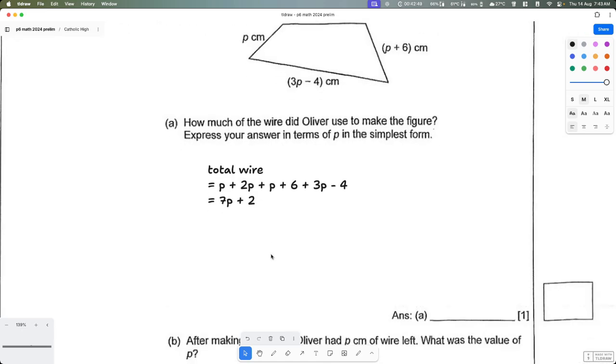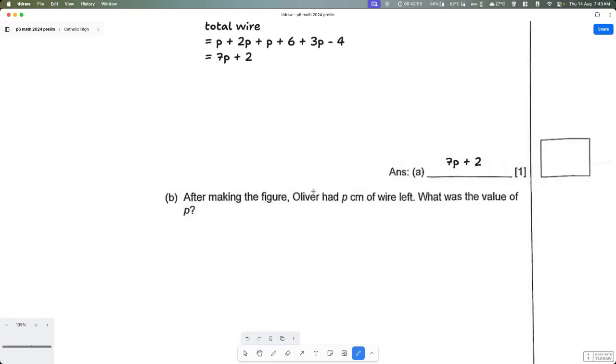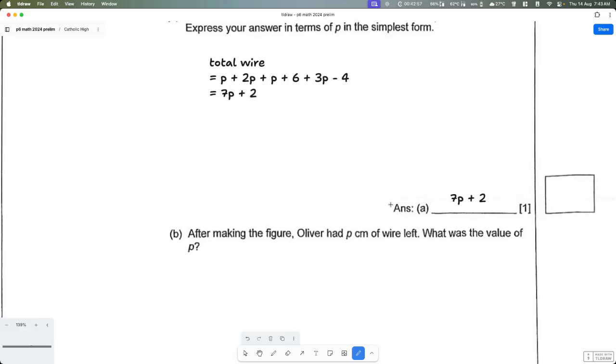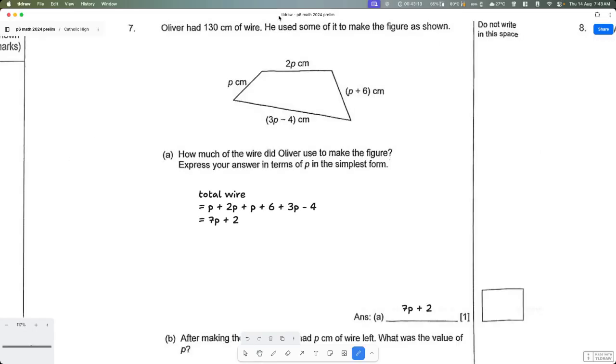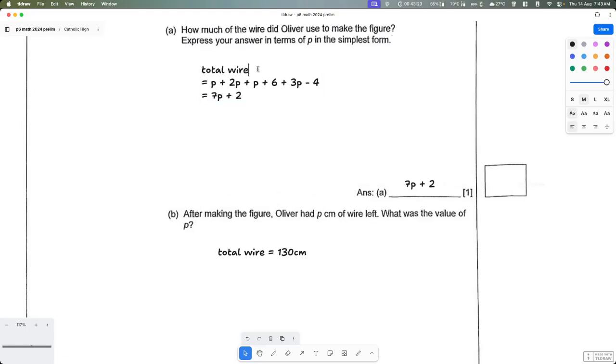7P plus 2. Part B, after making the figure, Oliver had P centimeters of wire left. What was the value of P? So we know that Oliver had 130 centimeters of wire. So the total wire is equal to 130 centimeters.